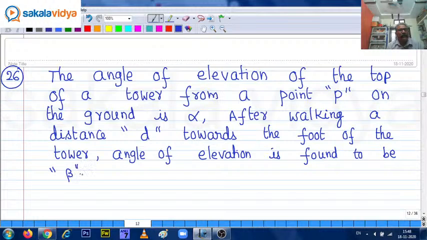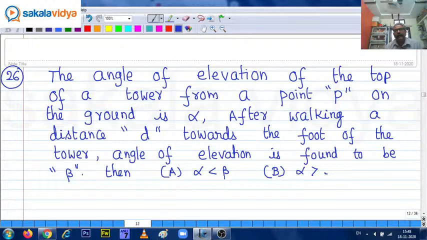Then option A, alpha less than beta; B, alpha greater than beta; C, alpha is equal to beta; D, none.